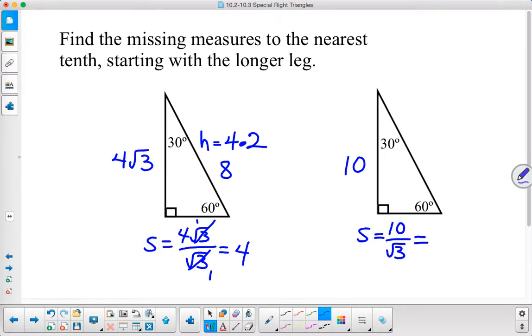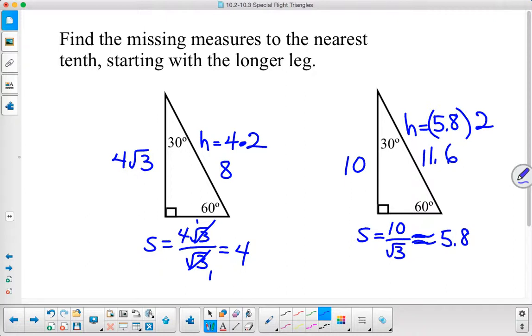It doesn't cancel out in this problem. 10 divided by the square root of 3 is rounded to be 5.8. Now the hypotenuse, now that we know the short leg, hypotenuse is short leg times 2. 5.8 times 2, 11.6.